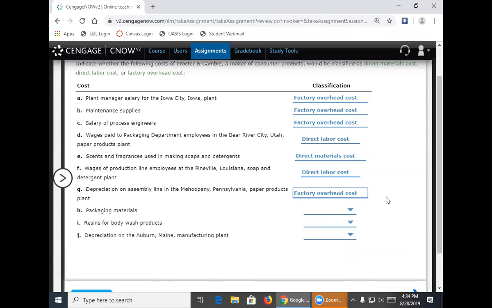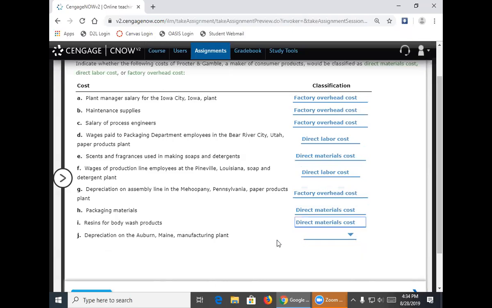How about packaging materials? Labor costs? Actually it'll be materials, so it's direct materials. It's not the people packaging it, but it's actually like the product. Resins for body wash products: direct materials.